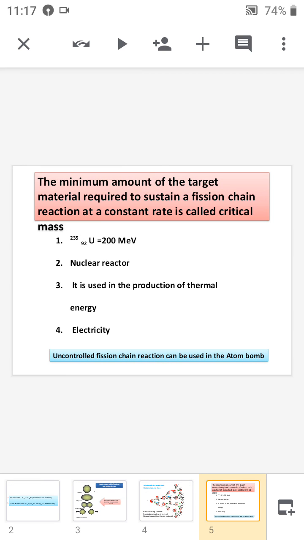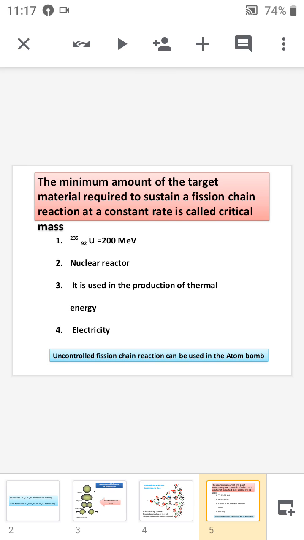Next is an important definition, critical mass. What do we mean by critical mass? We have already discussed the two conditions for making the fission reaction self-sustaining; one is having an adequate quantity of fissionable material.